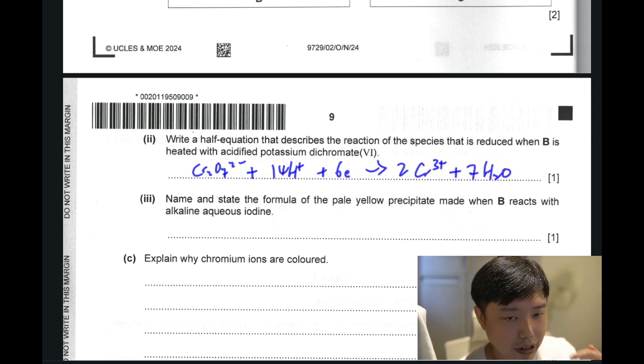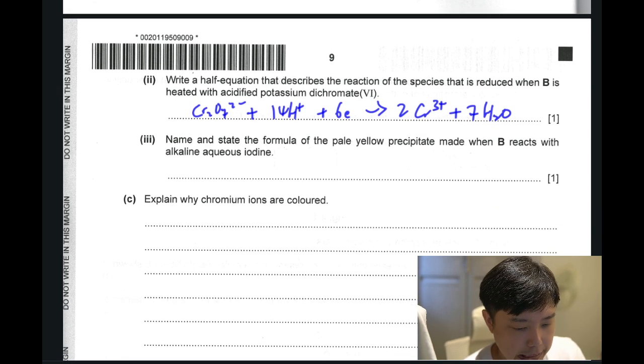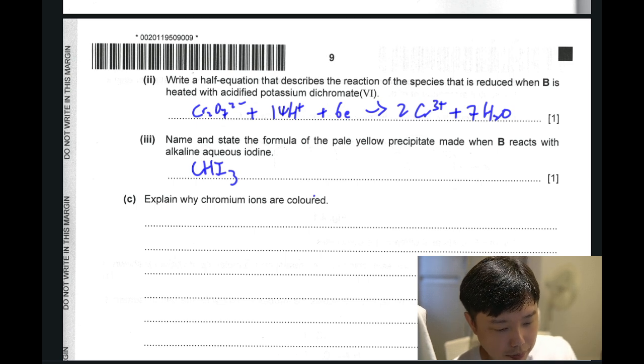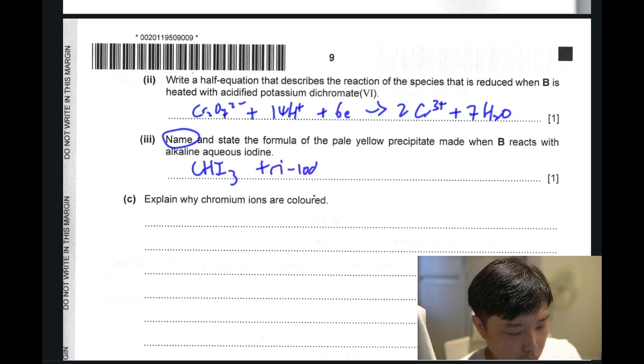This is directly lifted from your data booklet, so just go and look at it. Name the pale yellow CHI3. We have done this so much. But don't forget to name it, not just state. You have to name it. This is triiodomethane, in order to earn that 1 mark.